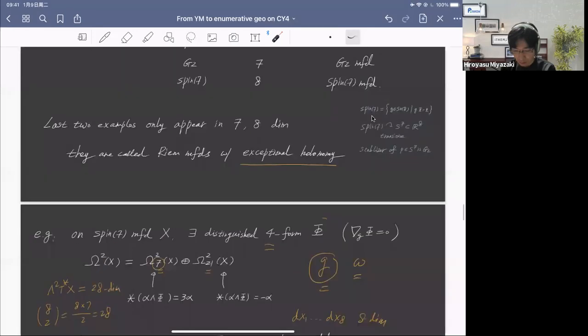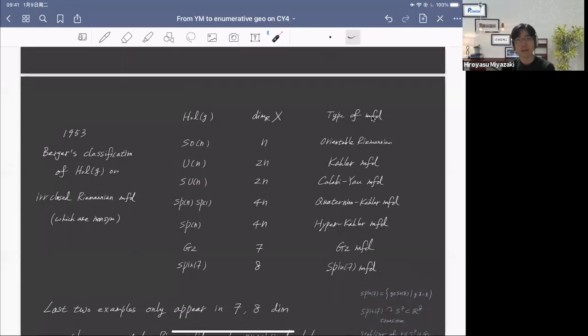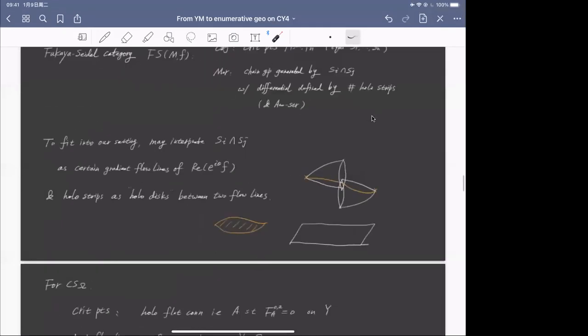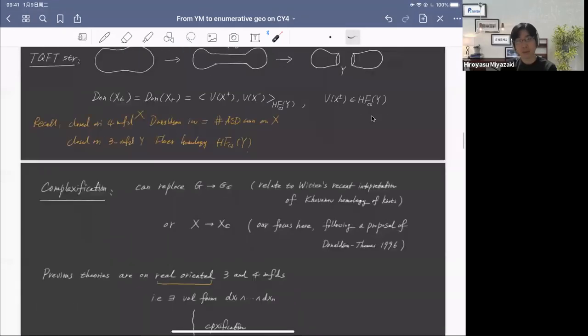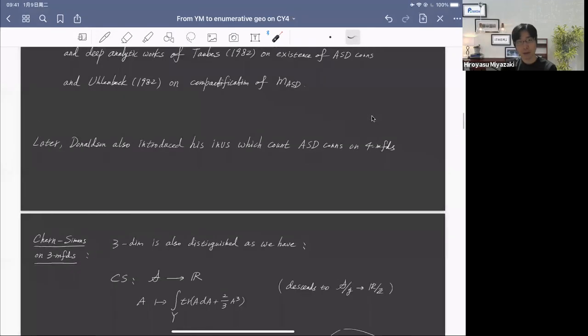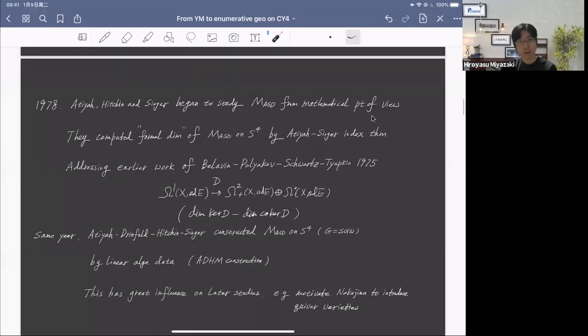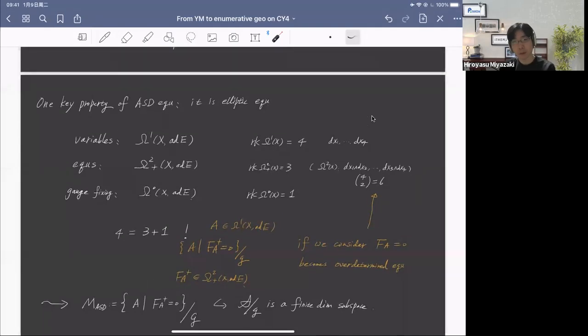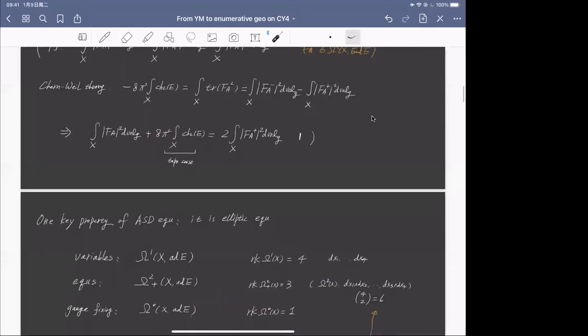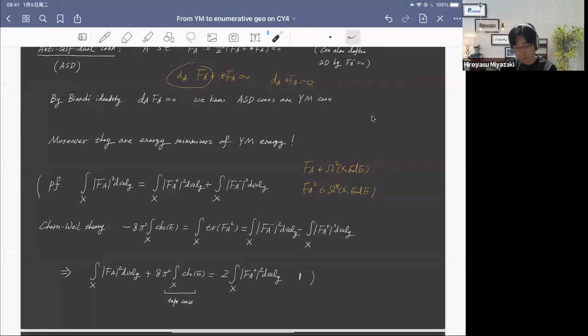So in the previous real case, in the first part, you explained the theory in the 3-dimensional case and the 4-dimensional case. Right? And in the complex case, the dimensions 6, 7, 8 were important.